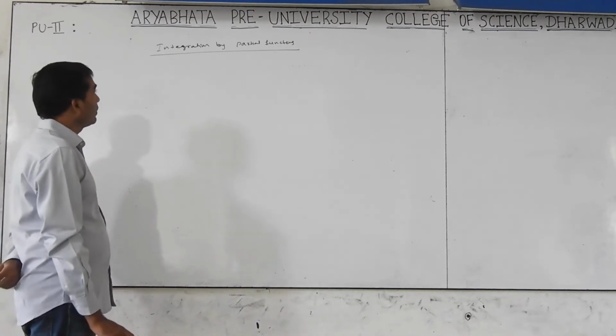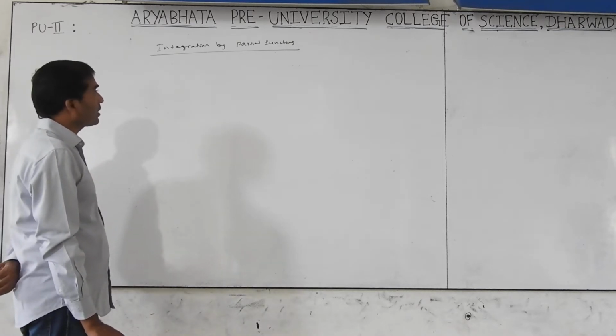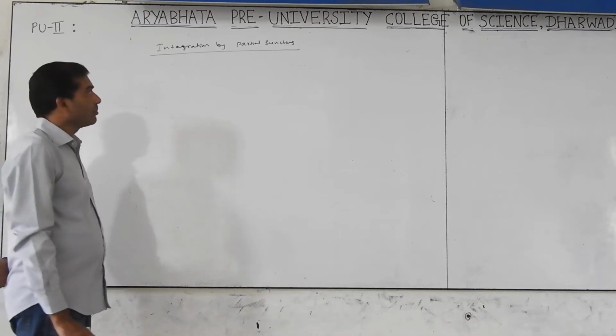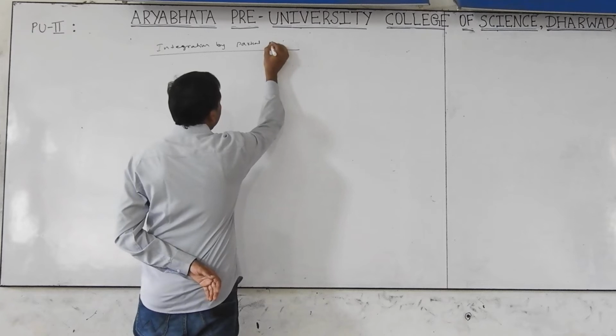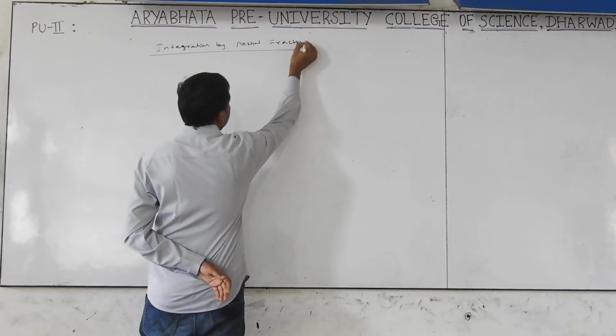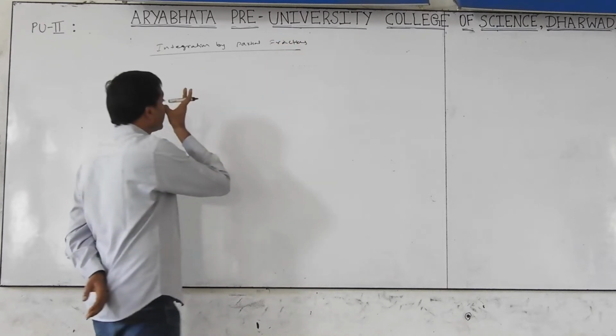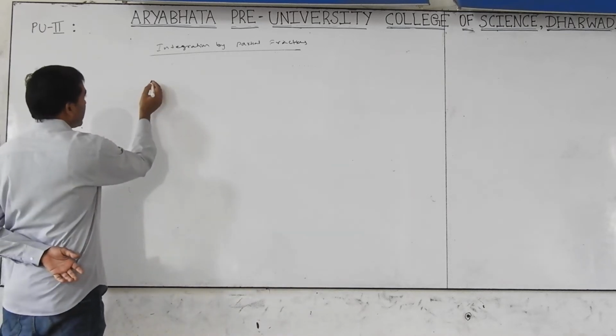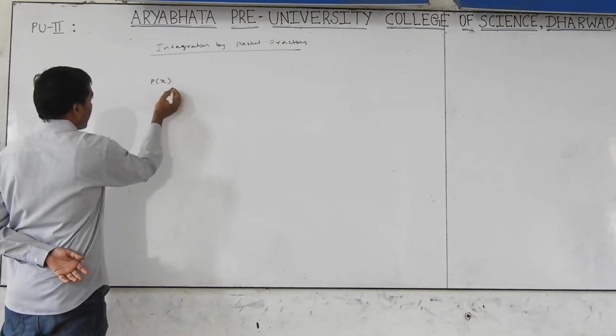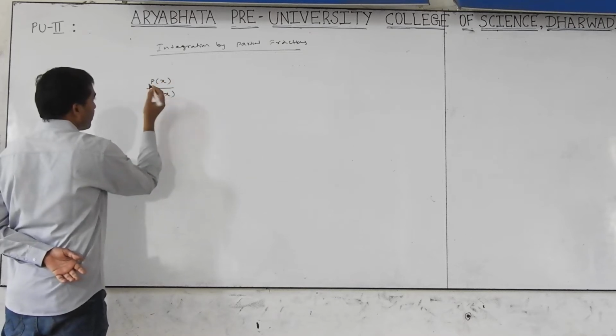Today one more method we will discuss: integration by partial fractions. Before that, we should learn what a fraction is here. For example, p of x is a polynomial, q of x is a polynomial.